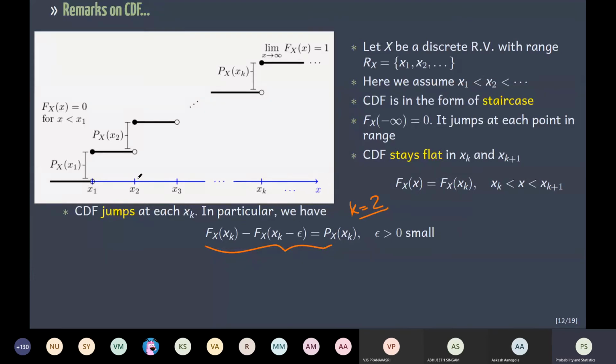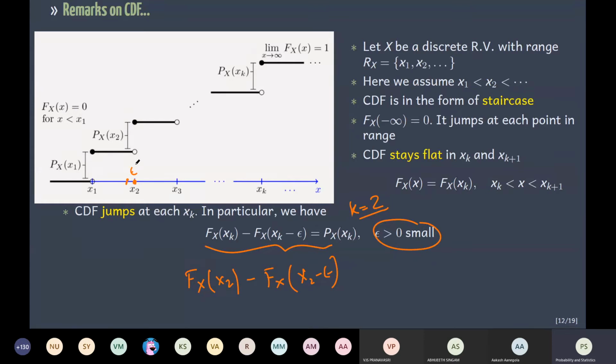So k is 2, then I'm here, right? So x2 minus epsilon will be just inside, something very small, like epsilon here. So the probability at x2 will be this jump.